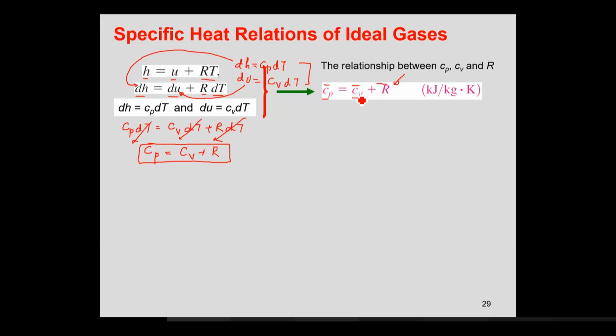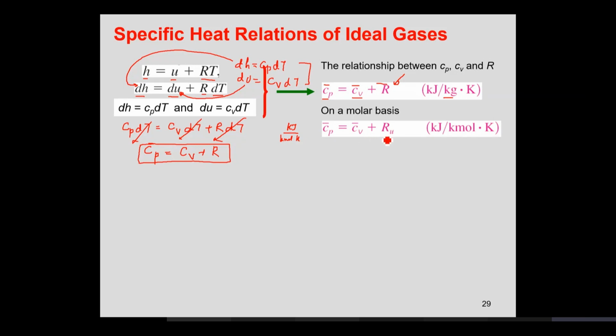Good. So this is when you are expressing things in terms of per kg. R, if you remember, is for a specific gas and it is expressed per unit kg. If the same expression is to be expressed per unit mole, you will have Cp with a dash on top of it, which means kilojoules per kilomole per Kelvin or per degree centigrade.